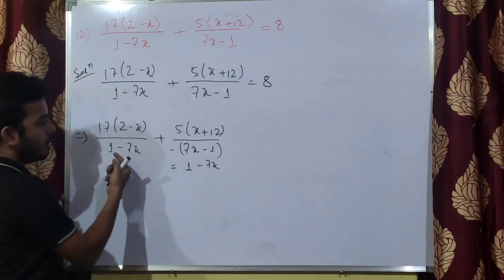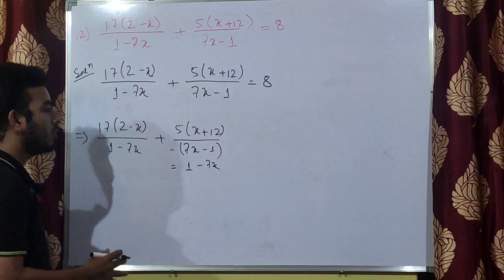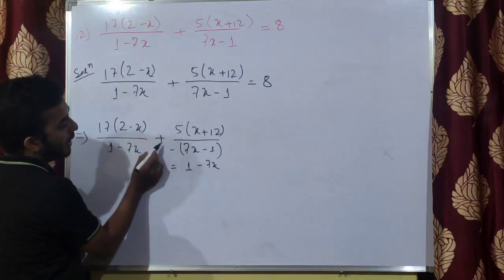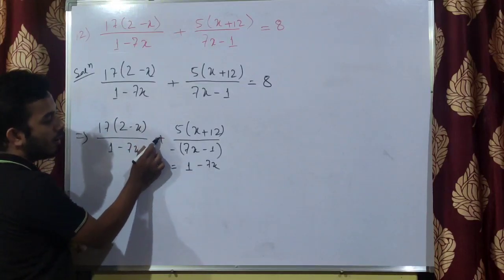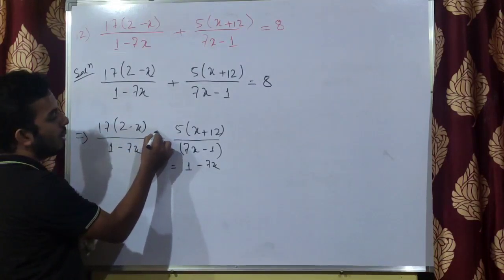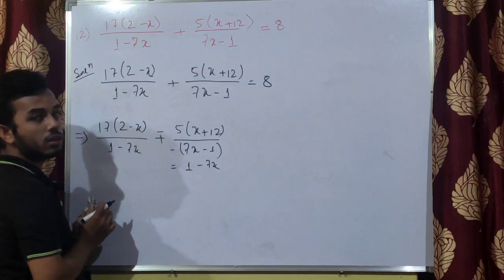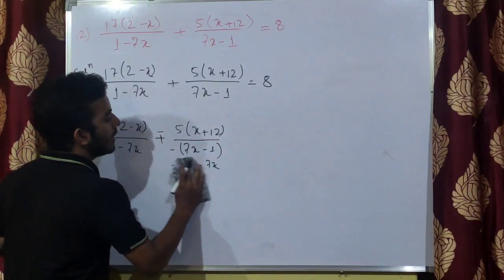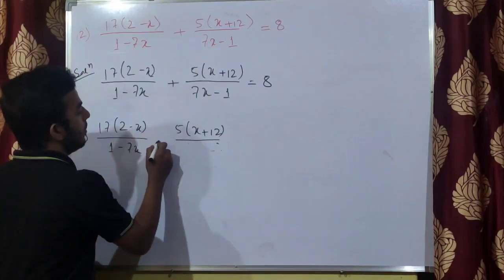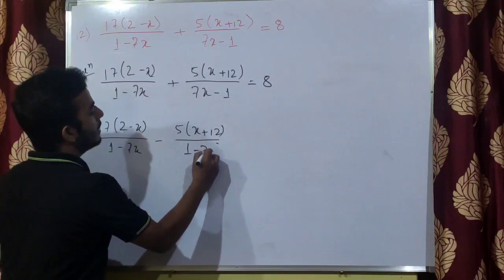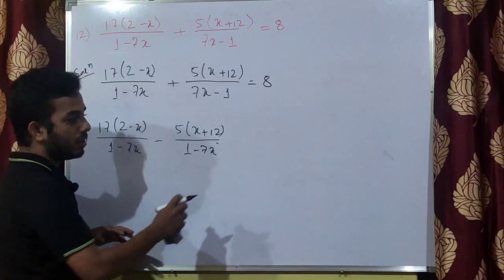So 1 minus 7x, 1 minus 7x, same. As it is plus and this is minus, it will be plus minus, and here also minus, right? So our expression will be like this: minus 1 minus 7x.